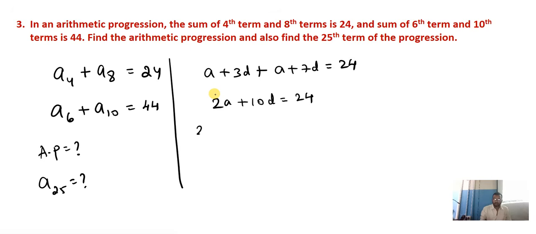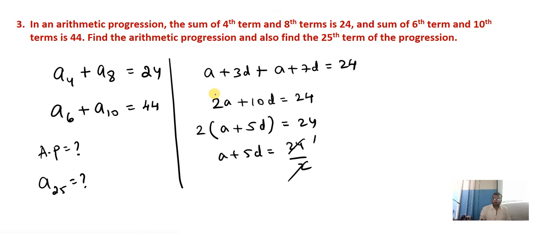Can we take 2 as common? 2 and 10, 2 as common. A plus 5D is equal to 24 by 2. Now this 2 will come down, cross multiply. 2 ones are 2, 2 twos are 4. So A plus 5D is equal to 12. This is our equation 1.